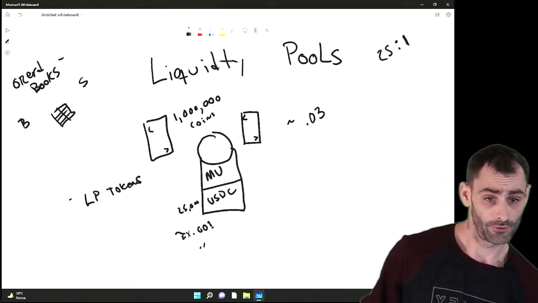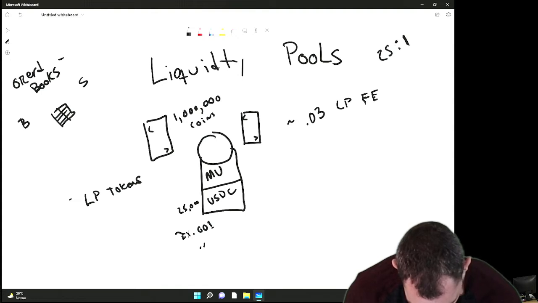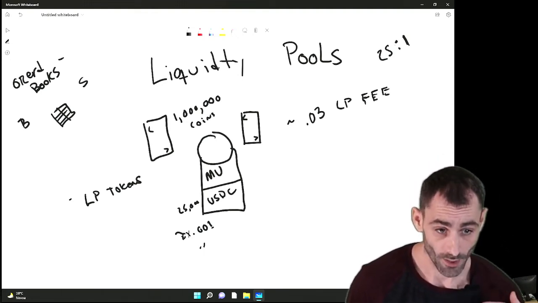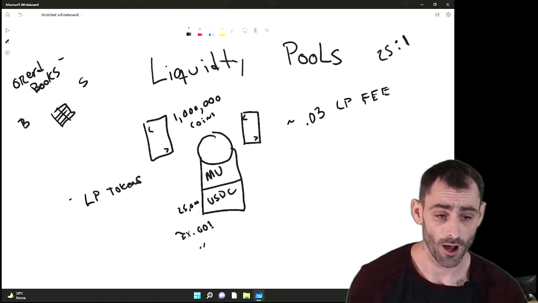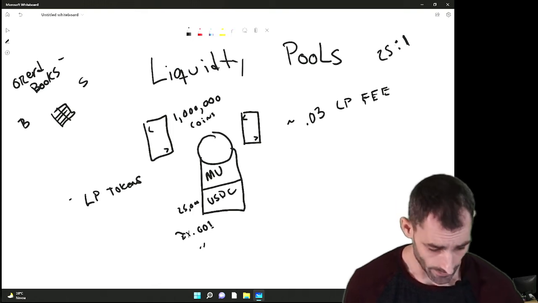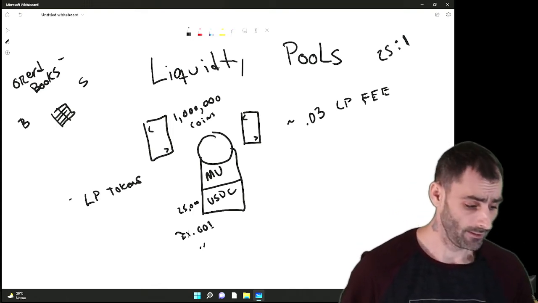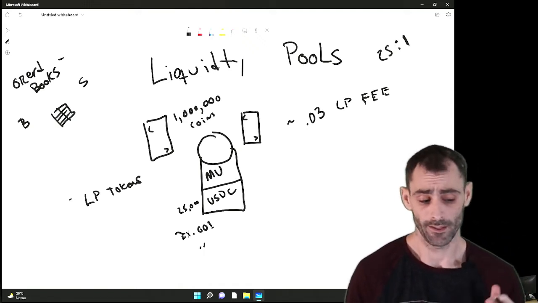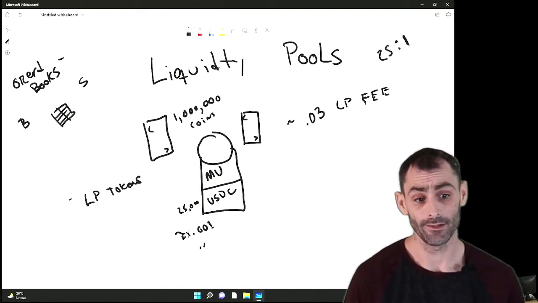That is the liquidity pool fee per trade. Meaning if you want to do a $10 trade, you're going to pay 3 cents. And the liquidity pool fee is paid in the N token.